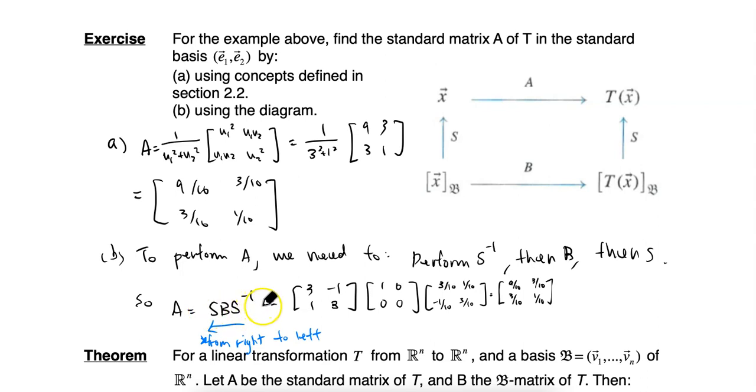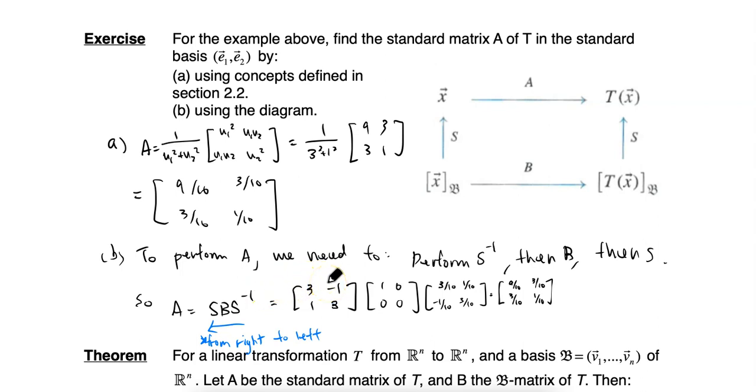You have to imagine vector X is right here. So if I multiply by X, it's going to be S inverse times X first, and then it's going to be B times that, and then S times that. So even though we start with S inverse, it shows up at the end of this. So we can write S B S inverse like this.